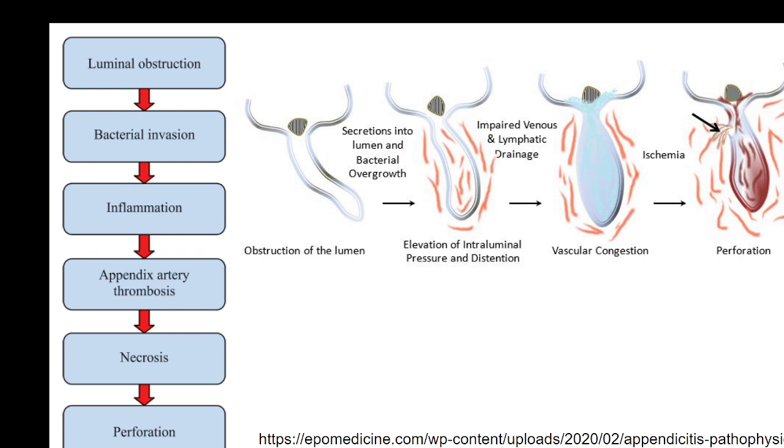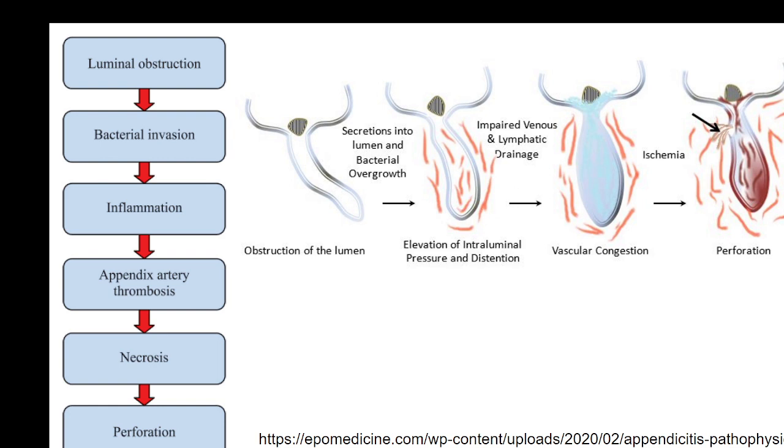When it involves the serous layer, there would be local peritonitis. The outer peritoneal layer will become inflamed, and at that time the patient will have pain exactly at that point where the peritoneum is inflamed, that's at the appendicular point, or what we call the Meckel point.